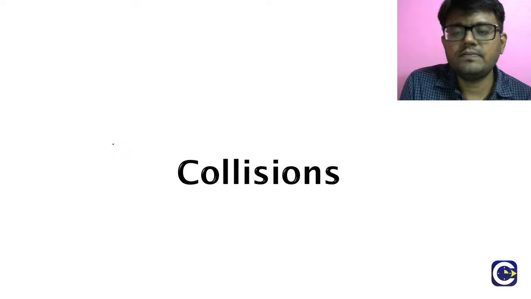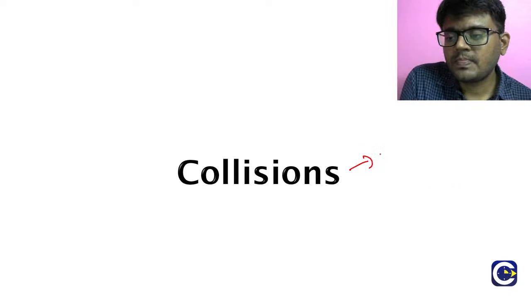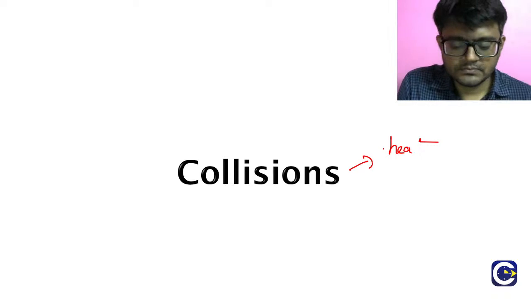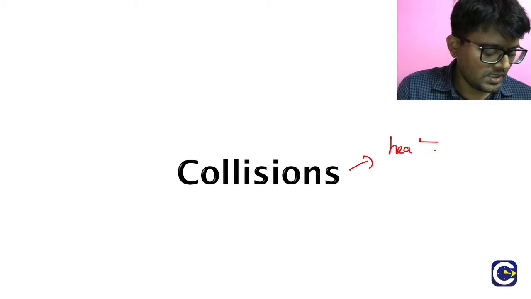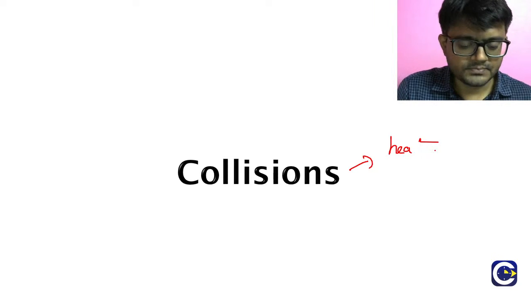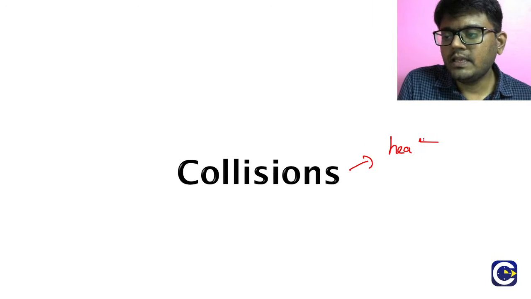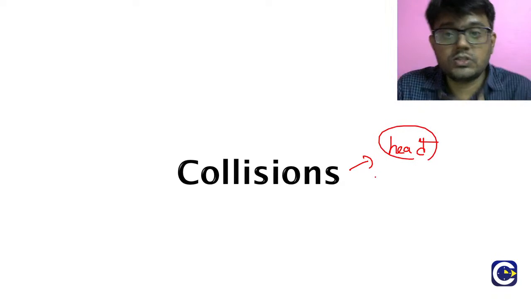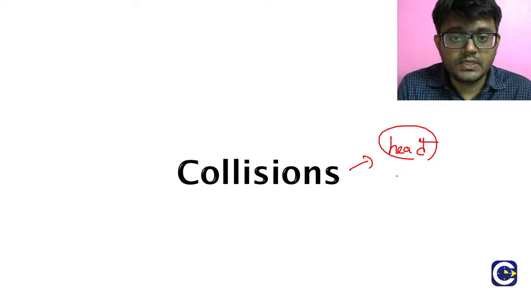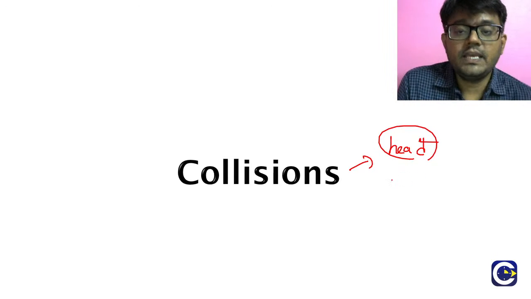So in collisions, what have we covered? Head on we have covered. In head on, we talked about head on perfectly elastic, then head on inelastic, and head on perfectly inelastic collision, which we also call as what? Plastic. So what is the way in which we differentiate them?